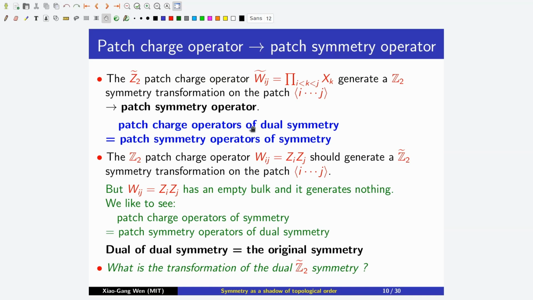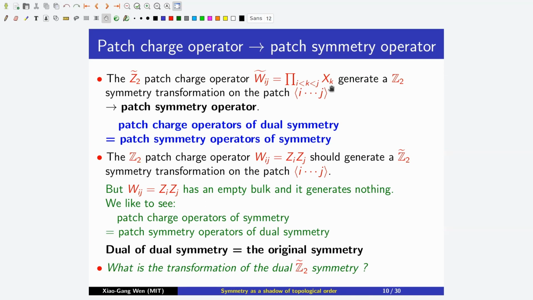Yes, so the endpoints actually have some arbitrariness. Yes, and this is crucial. Here I just do this, but in the general definition of the patch symmetry operator, the endpoint can be anything. You can add anything, but I try not to add a symmetry charge. So therefore, the ambiguity of the endpoint is given by the local symmetry operator, which is defined by my patch symmetry operator.